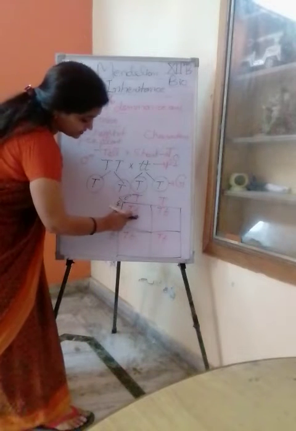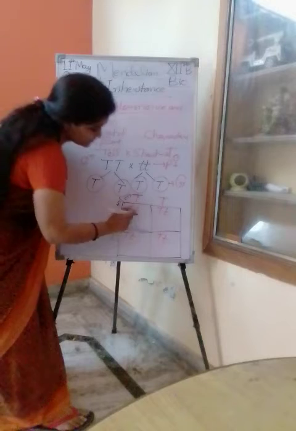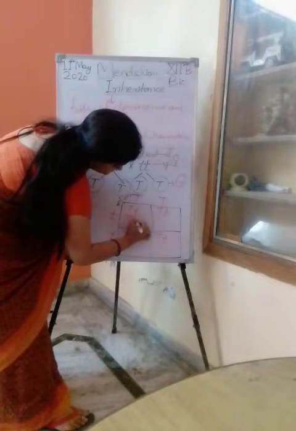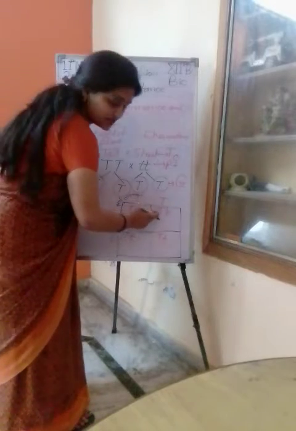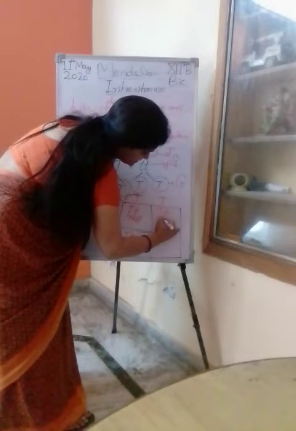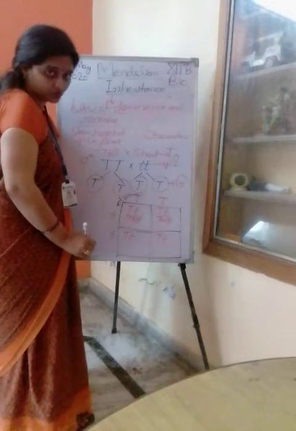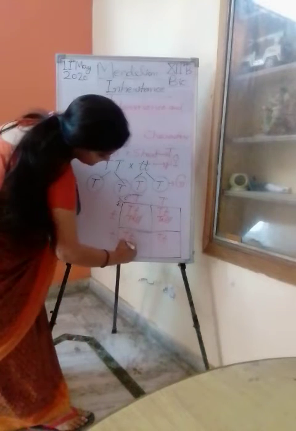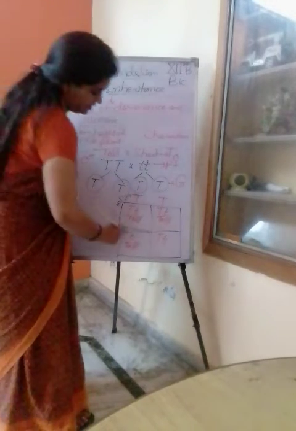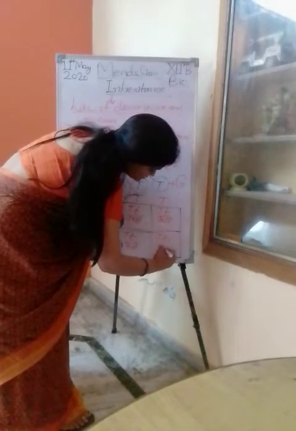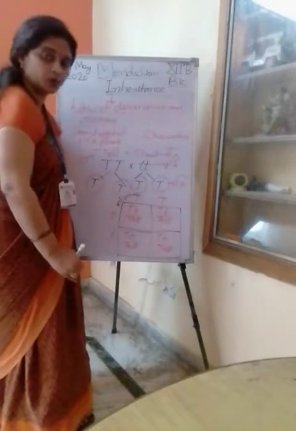Tall hides the short trait, so we will get tall. It means capital T, small t is tall. Then next, capital T, small t is also tall. Now capital T, small t is also called tall. Now capital T, small t is also called tall.